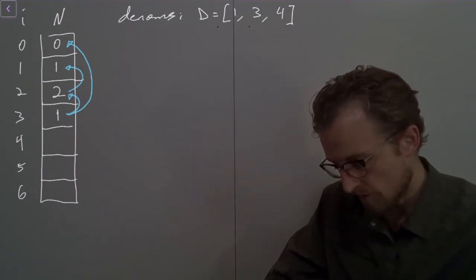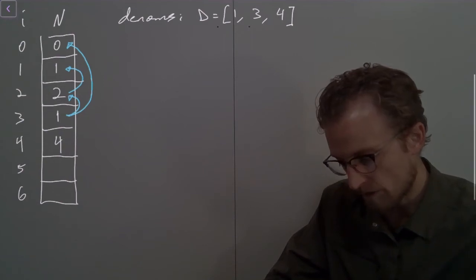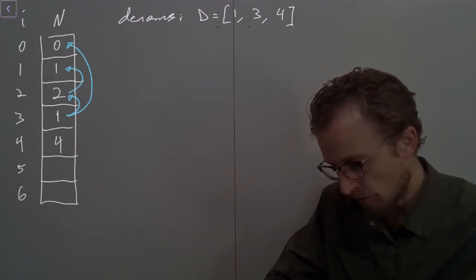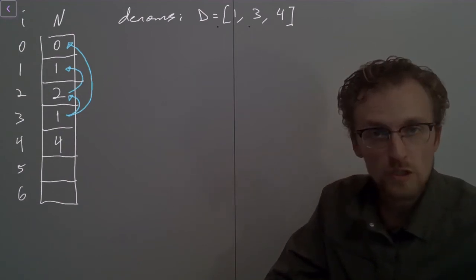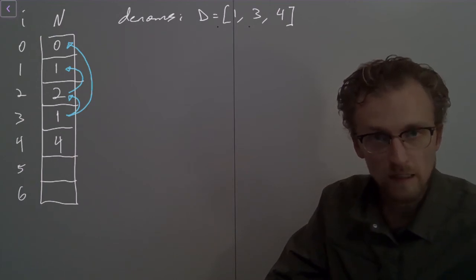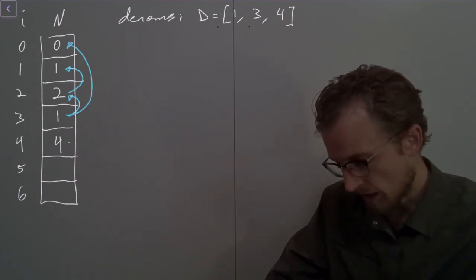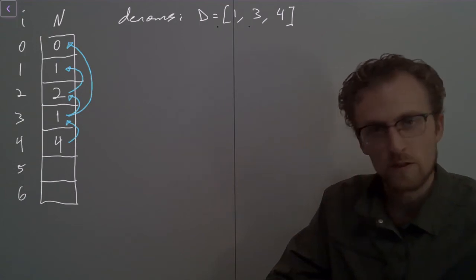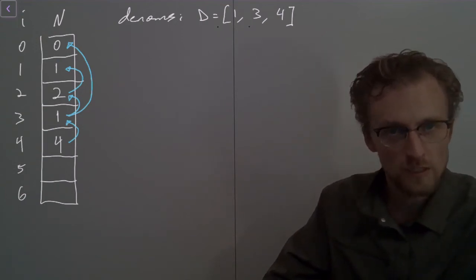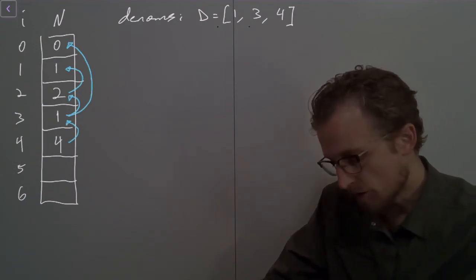Now the same thing happens for 4, except now we have 3 arrows that get drawn. So optimal change for 4, maybe the optimal change for 4 has a penny in it, has a 1-cent coin. If that's the case, then we're looking at this one. So it could be that it's optimal change for 3 plus a penny. Could also be that it's optimal change for 1.